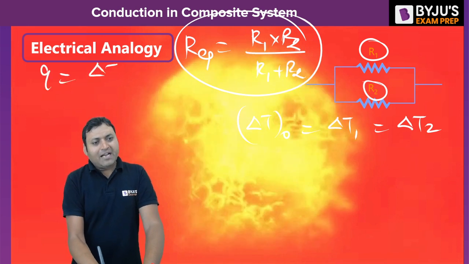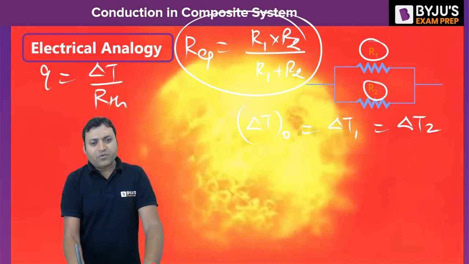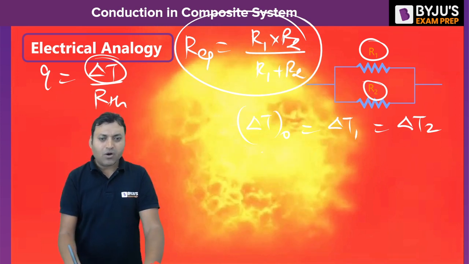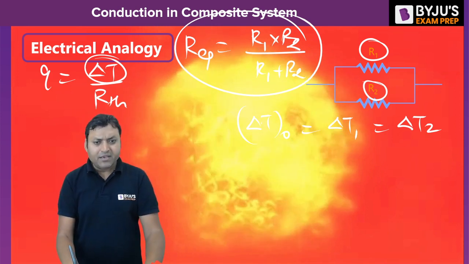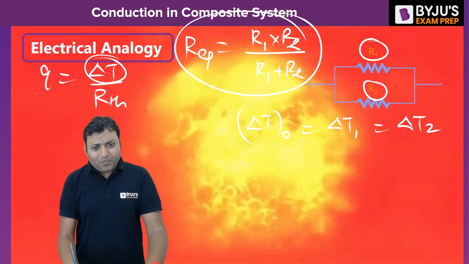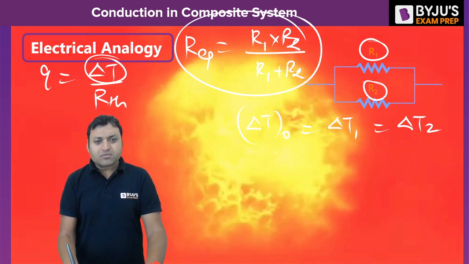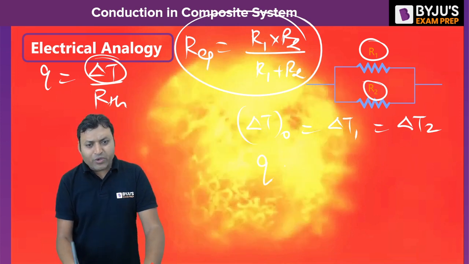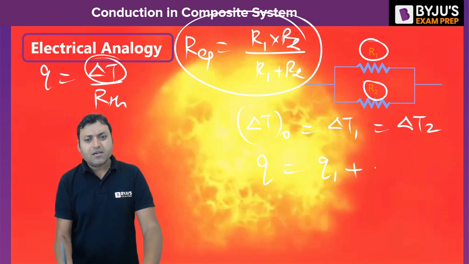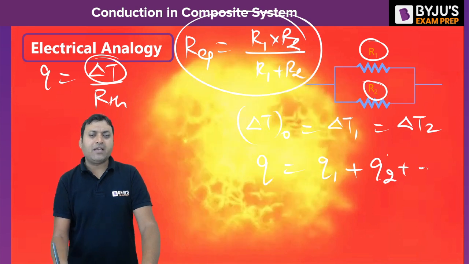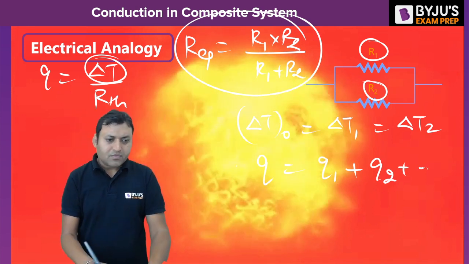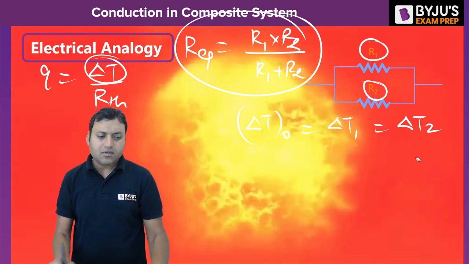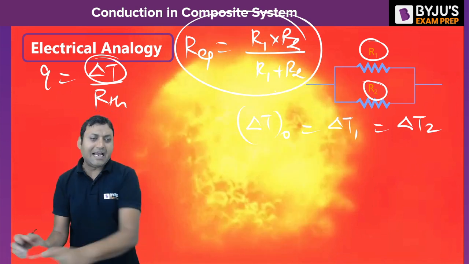Q is equal to delta T upon thermal resistance. So from delta T overall, which is equal to delta T1 is equal to delta T2, and Q is equal to Q1 plus Q2 plus Q3 and so on, what is delta T overall?